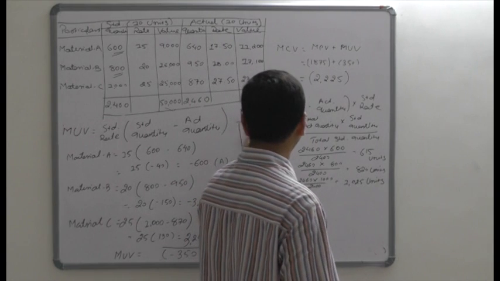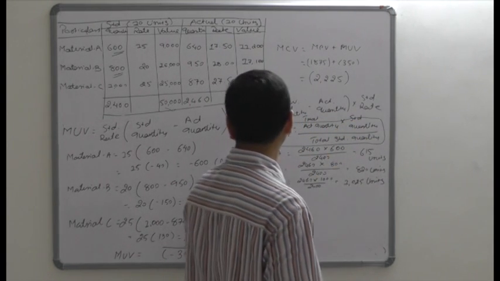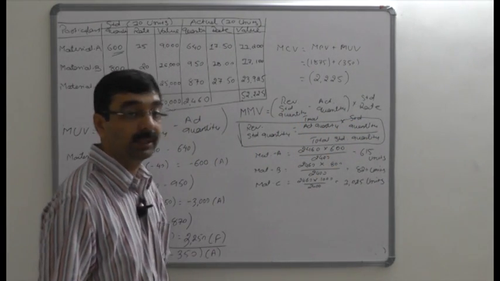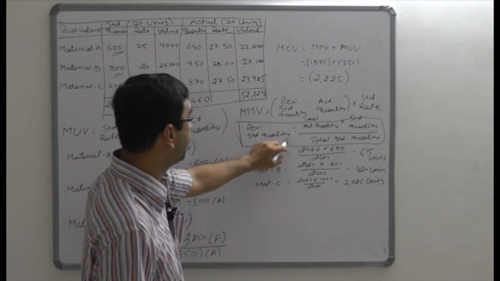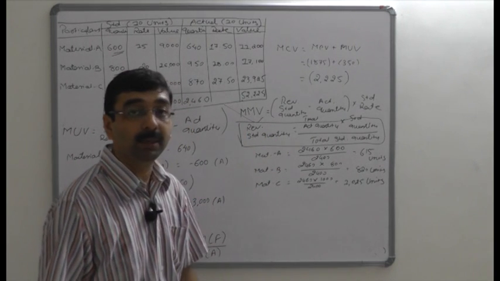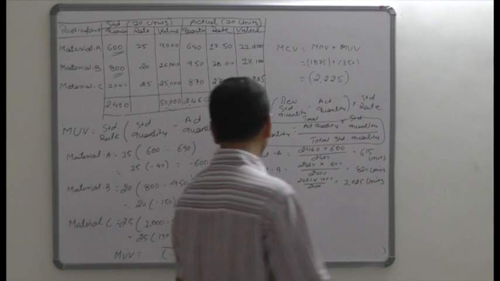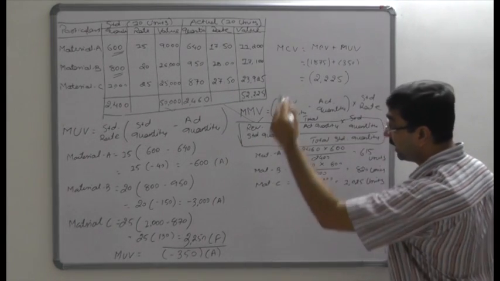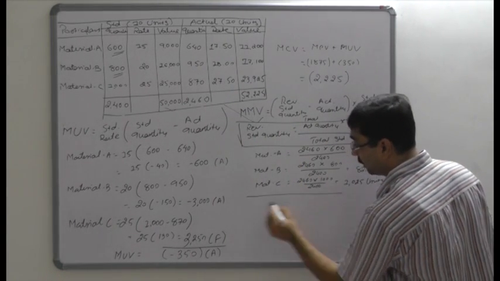This is the formula where you can identify your revised standard quantity. On the basis of this revised standard quantity, we can calculate the material mix variance. Now we'll calculate the material mix variance one by one for all the materials.